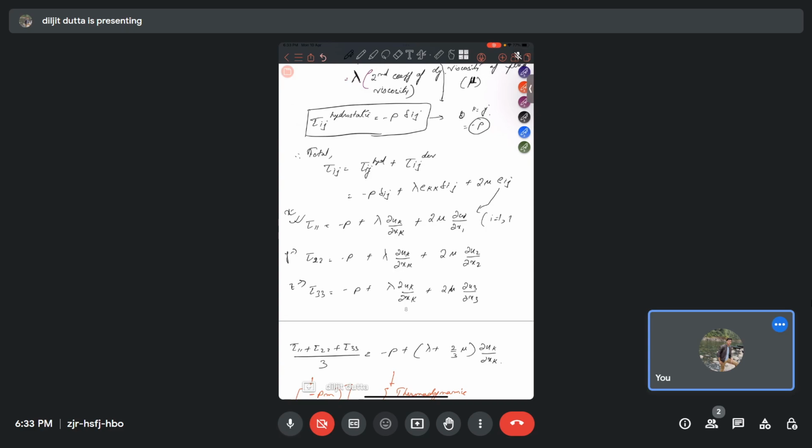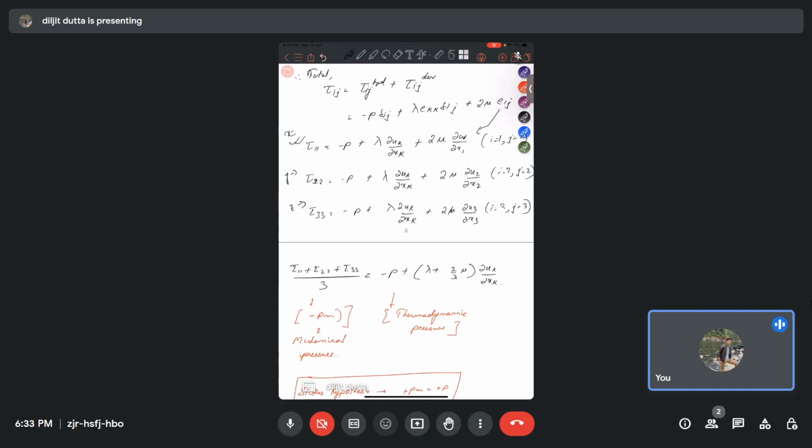This is for when i equals 1, j equals 1, and when i equals 2, j equals 2. So we are taking equal values of i and j and then expanding the terms.